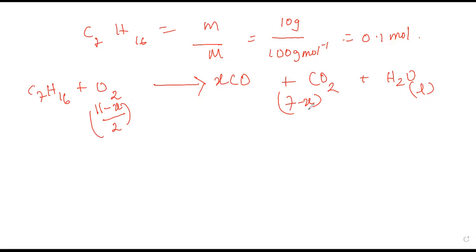So why is this 7 minus X? You have 7 moles of carbon. That's why it is 7 minus X, and the carbon monoxide is X. If you assume this as X, then the carbon dioxide is 7 minus X. And why is the oxygen 11 minus X divided by 2?